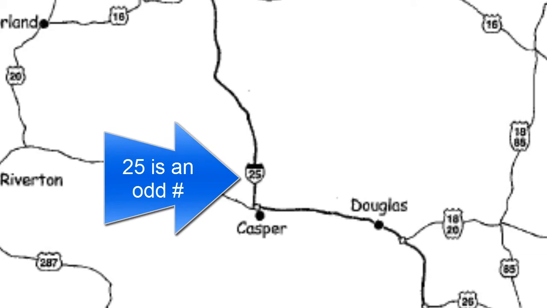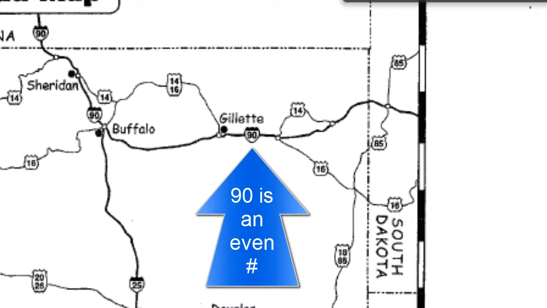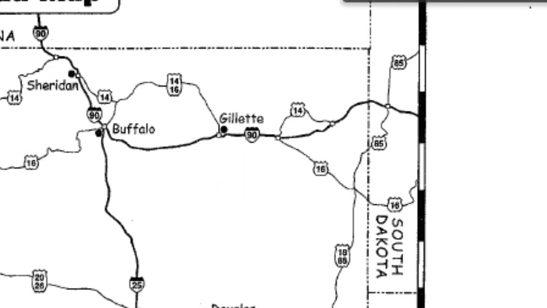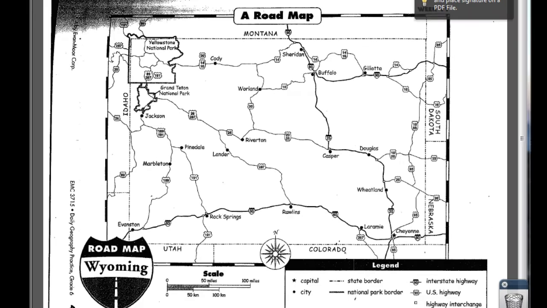So that's a cool thing. We know that I-25 is fairly close, and we can tell just by the number 25, since it's odd, that it's traveling north-south. You may have been down around the Denver area or going up into the mountains and been on Interstate 70. 70 is an even number, so we know that one travels east-west.